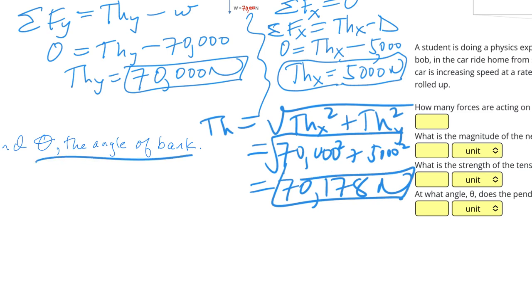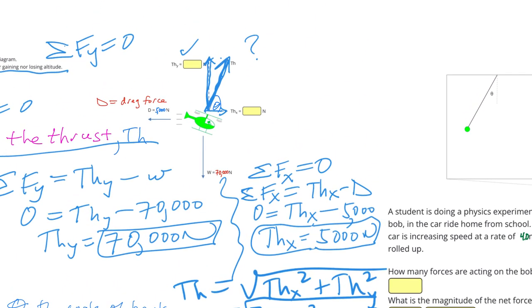Now I want the angle of the bank. Okay, this is kind of weird. So this angle right here is not this angle right here. Okay, so this angle right here is actually this angle right here.